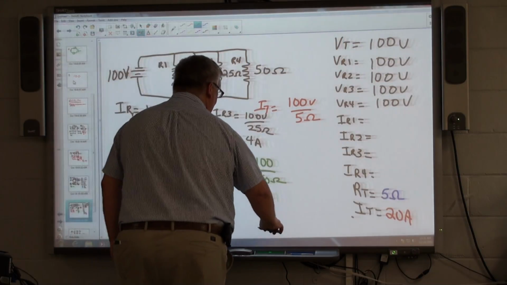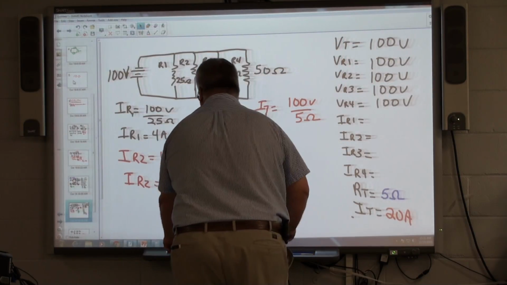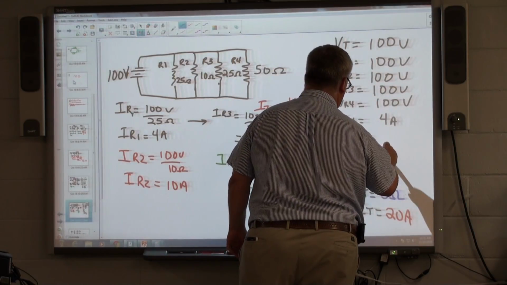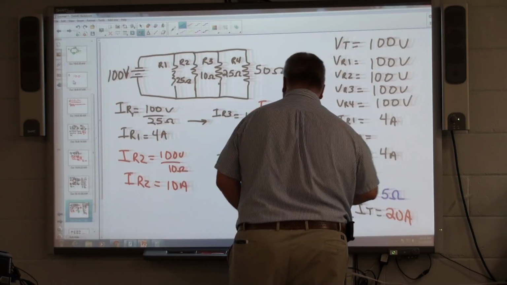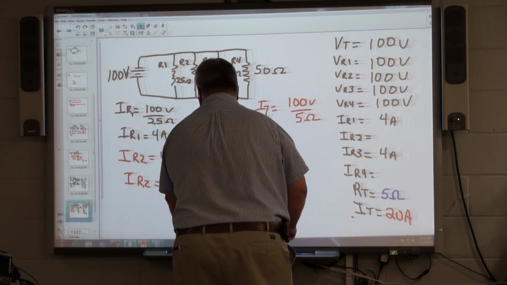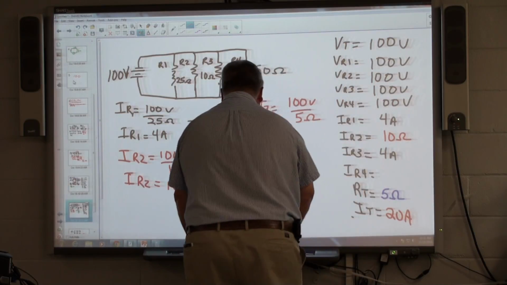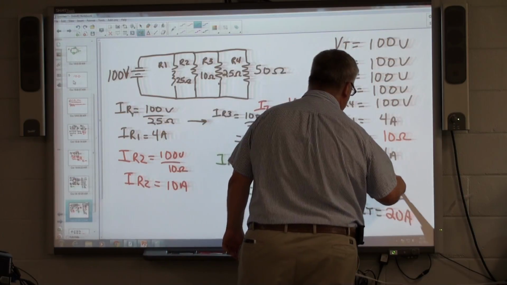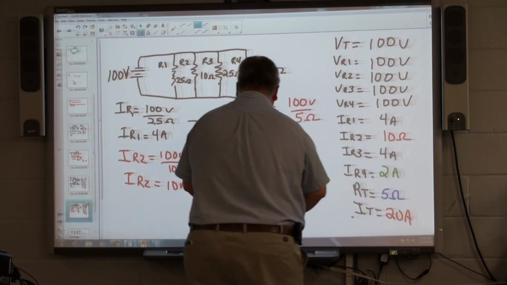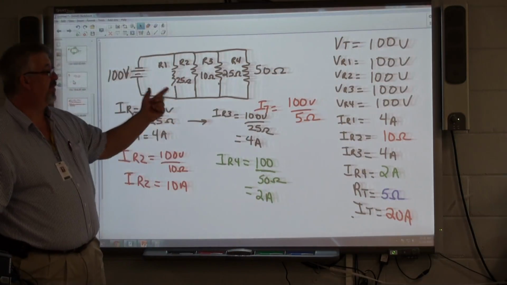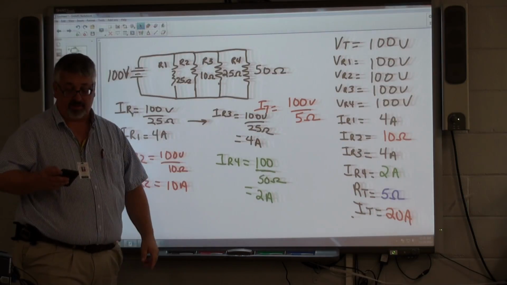So if we add, let's populate these things, 4, 10, 4, 2 amps. So, 4 plus 10 is 14, plus 4 is 18, plus 2.